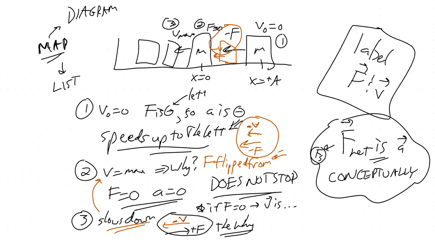Negative to positive. Positive meaning right, not accelerating, right? So we have an acceleration to the left. Now we have a deceleration to the right. That's why this is maximum in the middle. It's because at point two, we have a Vmax because the force flipped from negative to positive, right?